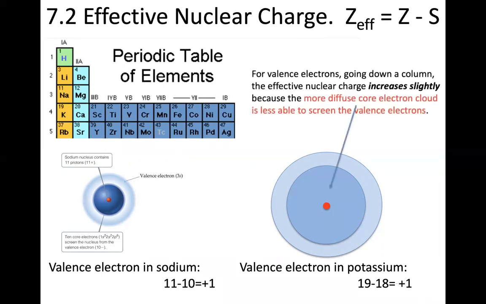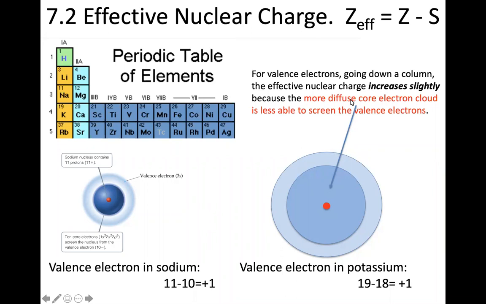The book's language here is that for valence electrons, going down a column, the effective nuclear charge increases slightly because the more diffuse electron cloud is less able to screen. What is that saying? It's saying that as this cloud has gotten bigger, where the electrons are found, it's not doing as good a job of blocking the charge for the outer electrons.